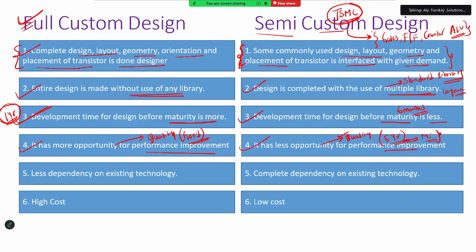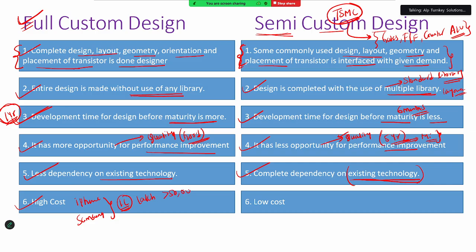As a VLSI engineer, you need to have the idea about full custom and semi custom design. Full custom is less dependent on technology, while semi custom completely depends on existing technology. Full custom is high cost, I told you, with the example of iPhone or Samsung, in terms of lakhs, above 50,000.